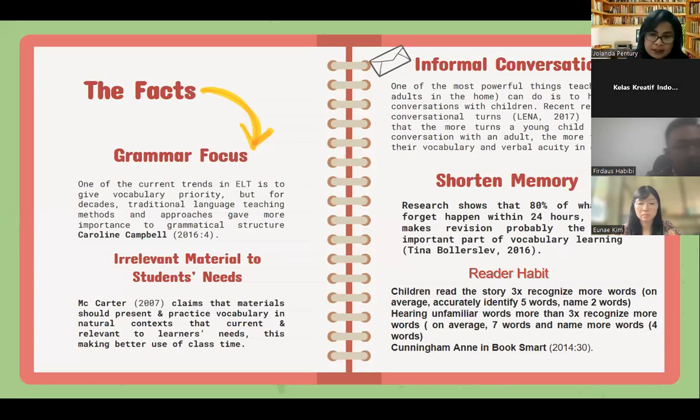So the first one is reading, and the second one is reading aloud. Reading aloud is also more important and effective, because as we see here, when the students or children hear unfamiliar words more than 3 times, they will recognize 7 words, more than when they only read. The next, Pak Dada.